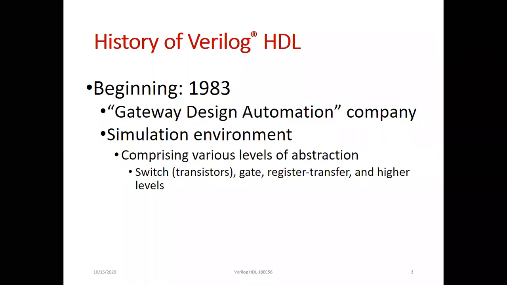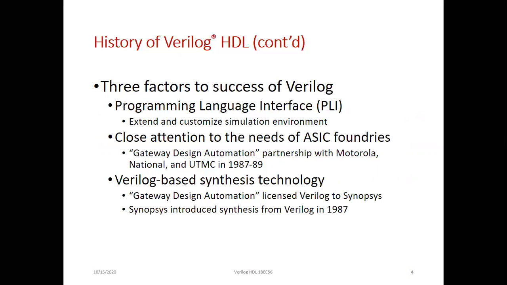For the simulation, we need to write some code. That is why it came as a hardware description language. This simulation environment comprises various levels of abstraction like switch level or transistors, gate, register transfer, and higher levels.